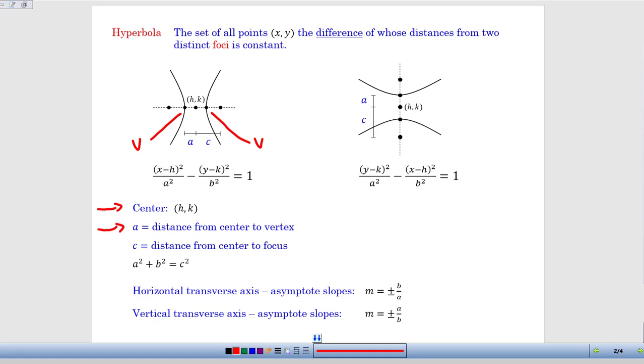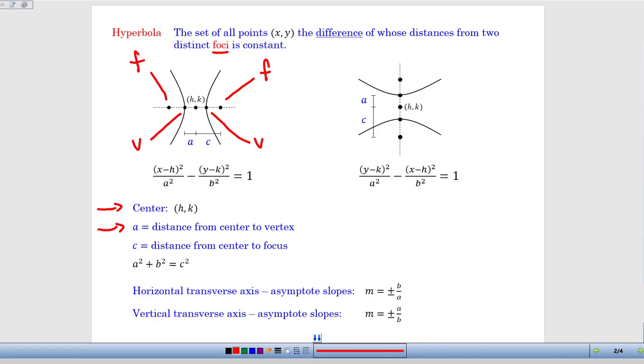So those are actually the points that are closest to the center, as opposed to in the case of the ellipse, where the vertices are the points that were the farthest away from the center. These two points here are our foci. So just like with the ellipse, we don't have the shape without the foci. If we look at the definition, that's really the only feature that's mentioned in the definition.